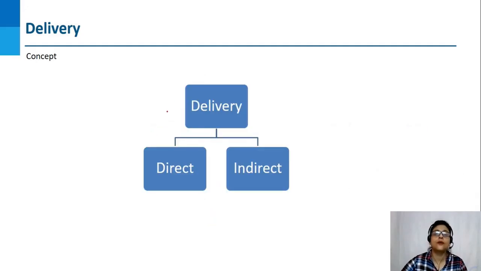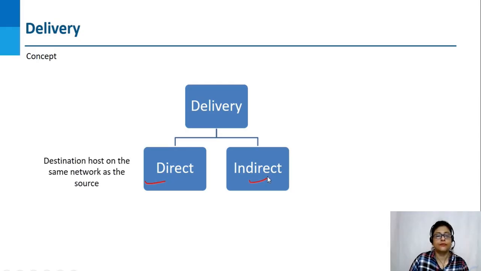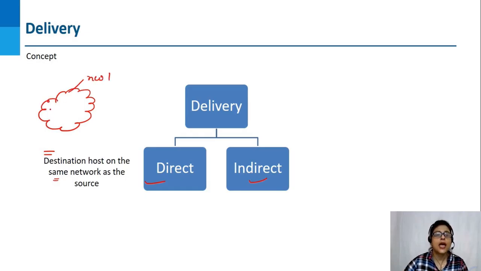Now there are two types of delivery. One is known as a direct delivery and the other one is known as the indirect delivery. Direct delivery is there when the destination host is on the same network as the source. Let's say this is network 1 and there is a host A, there is a host B. There is a router here.